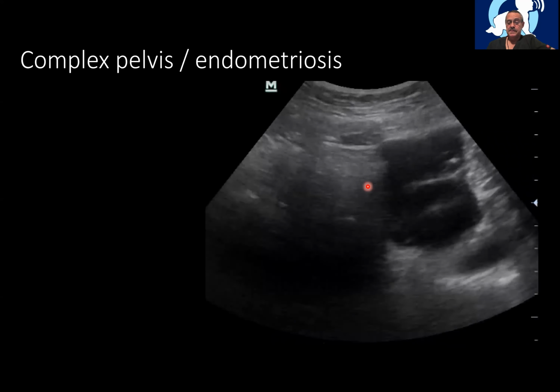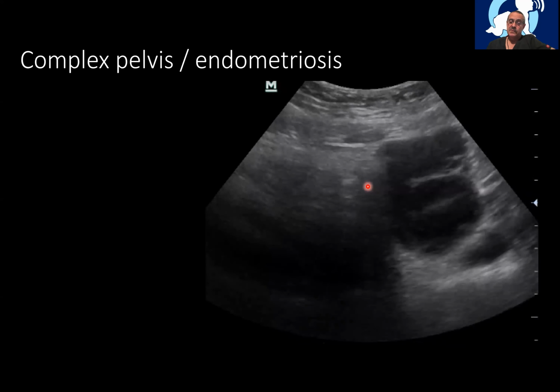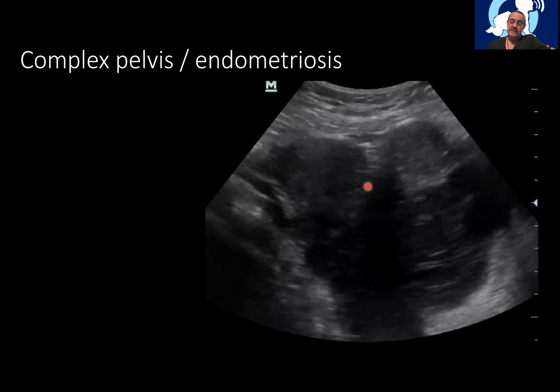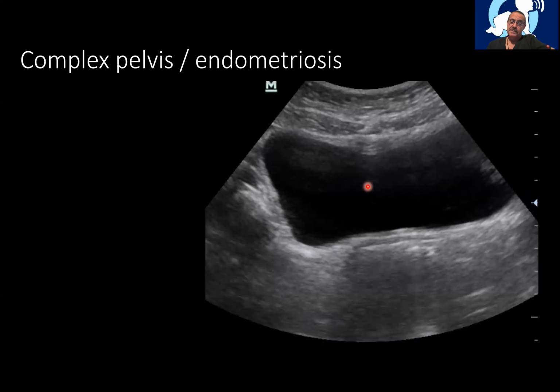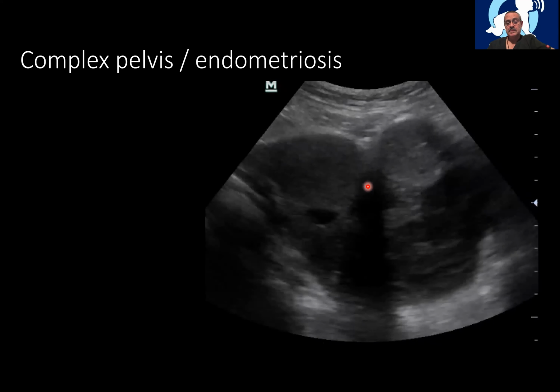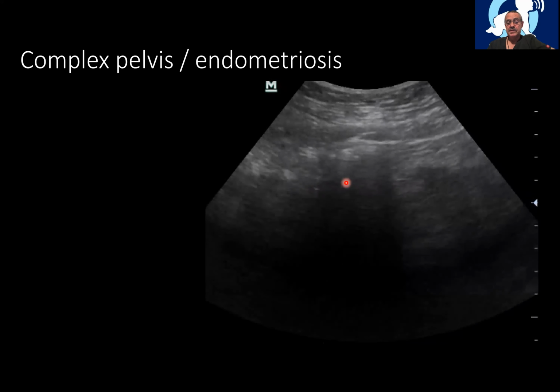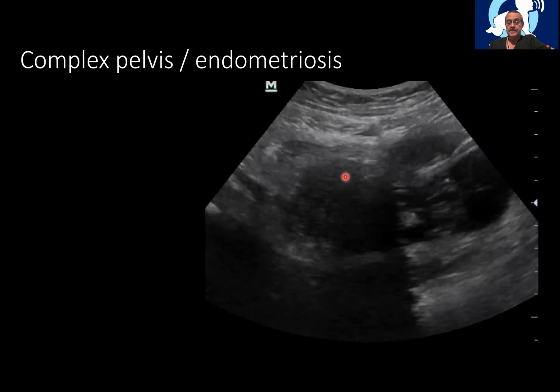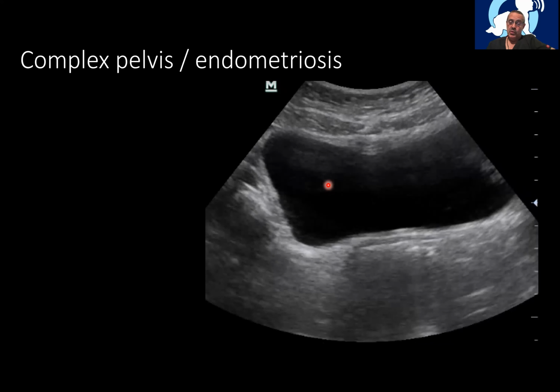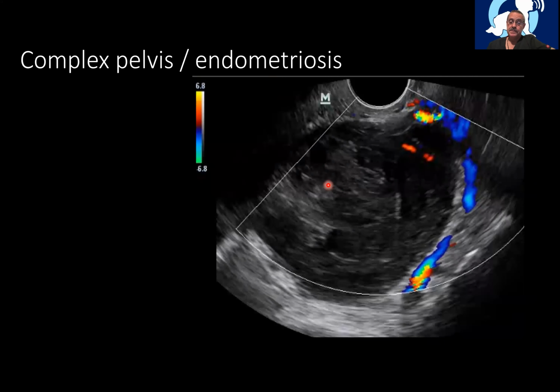Transverse view, really complex thing which surrounds the pelvic organs. That was the uterus here. This one. And who knows which part of the image is ovary.